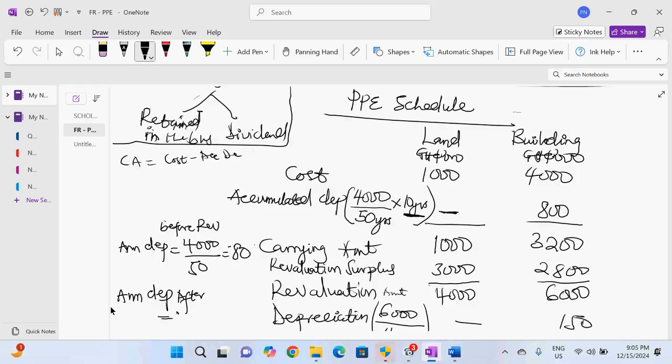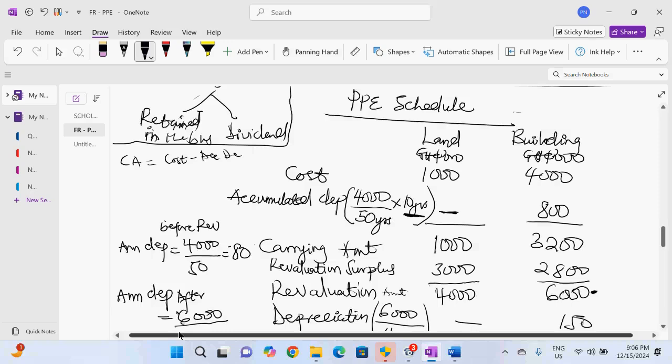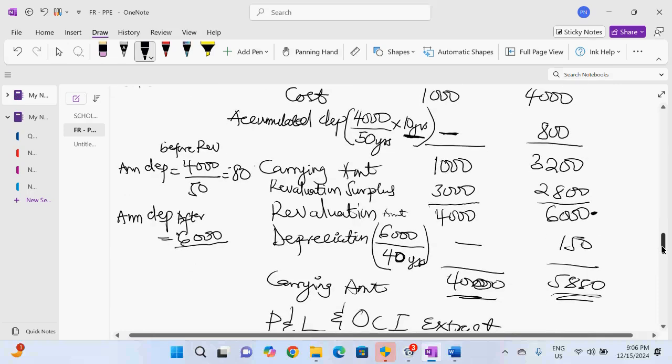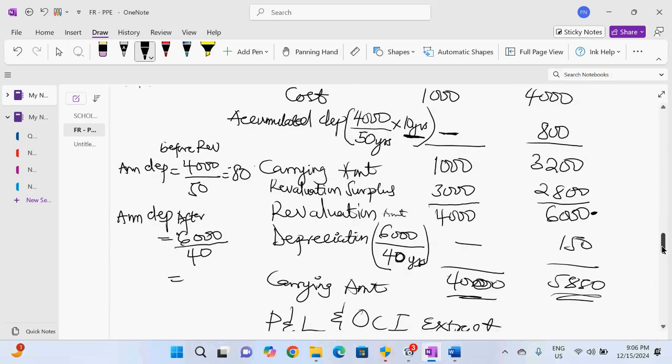Where is the revaluation amount? Okay, 6,000 over what? What is the remaining useful life? You remember that when we are using the revaluation, we use the remaining useful life, right? What are you getting? 150.